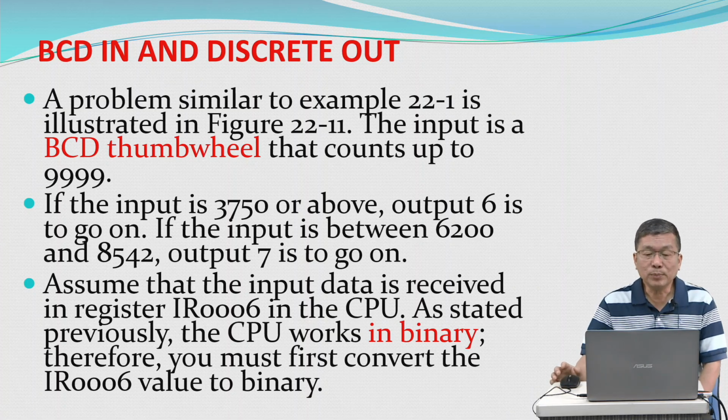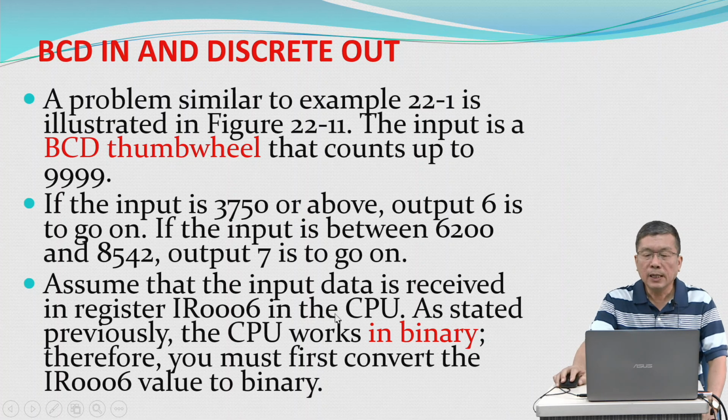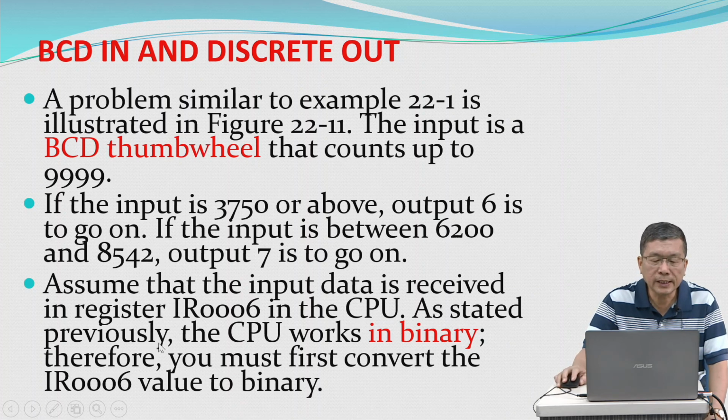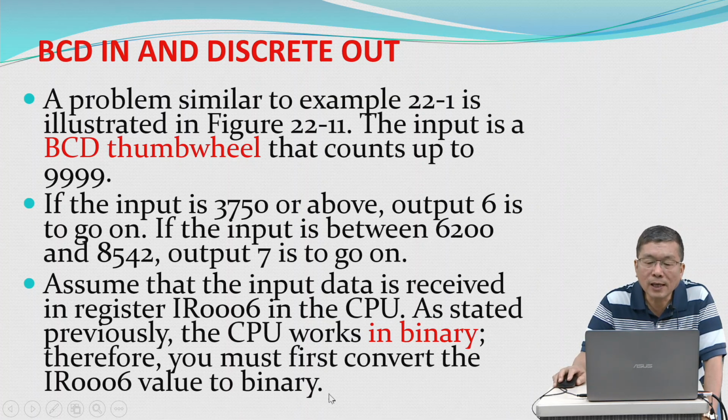Assume that the input data is received in input register number 6 in the CPU. As stated previously, the CPU works in binary. Therefore, you must first convert the input register number 6 value to binary.